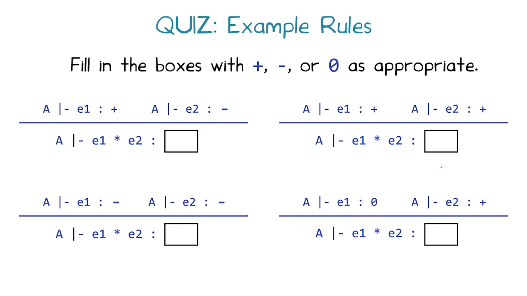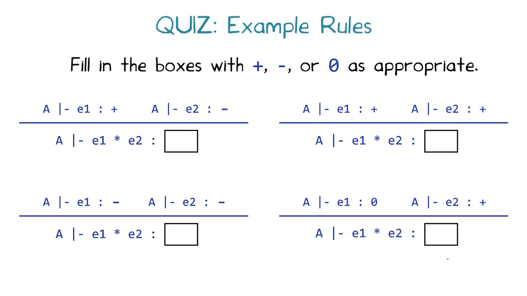Under the environment A, if it is provable that E1 has value minus and E2 has value minus, then it is provable that E1 times E2 has value blank. And lastly, under the environment A, if it is provable that E1 has value 0 and E2 has value plus, then it is provable that E1 times E2 has value blank.